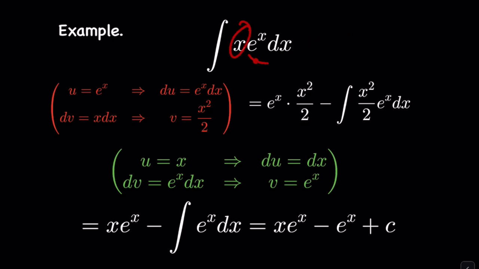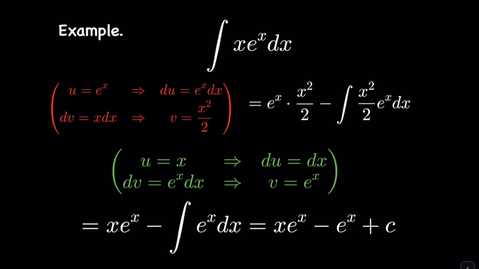Now let's repeat the same process. u equals x, du is going to be the derivative of x, which is 1, multiplied by dx. So du will be dx. And dv is e to the x dx, so v is going to be an antiderivative for e to the x, which is e to the x.